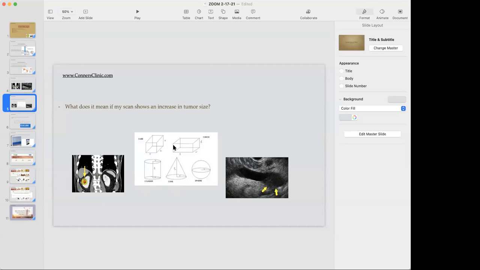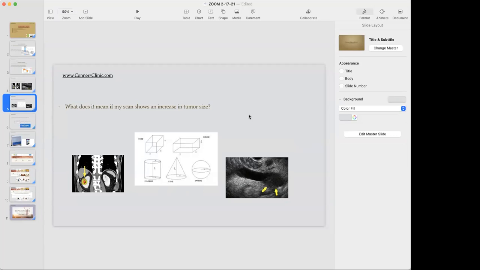I just put this geometric figure up here on the board, and these are squares and rectangles and cylinders and cones and spheres. But the truth is, a tumor has all sorts of different weird pieces on it. It's not perfectly round or perfectly square. So are they measuring the same spot? Is it even mathematically possible to measure the same spot as the initial measurement was 3 months ago? No, it's not even mathematically possible to measure that.